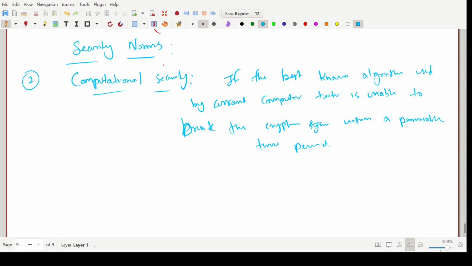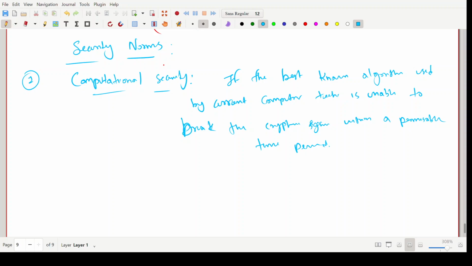If the security of any crypto system is based on some hard mathematical problem in number theory, such as the integer factoring problem or the discrete logarithm problem in certain finite cyclic groups, then such a crypto system is referred to as computationally secure, as its solution has not been achieved yet with available resources. That means if you are able to solve that problem, then your crypto system will be broken.